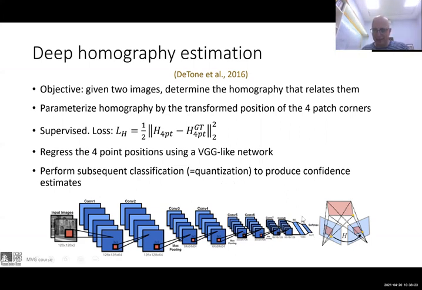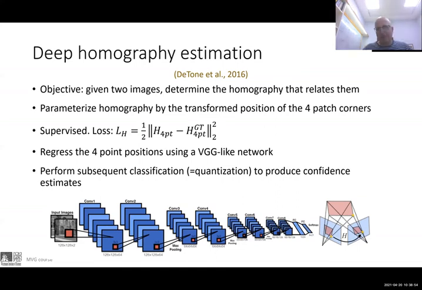You can see here the softmax. So basically this is binning in order to get a confidence estimate for the prediction. So they say in this range of parameters, I'm more confident; in this range of parameters, I think this is not the homography, etc. This way you can produce confidence estimates. Okay, that's the simple idea.